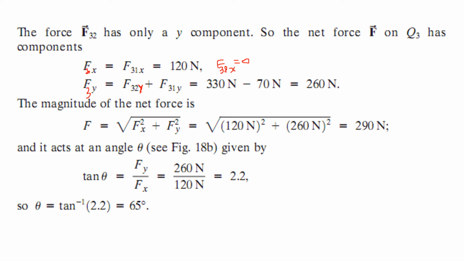260 newtons. And the magnitude of this force on charge 3 is equal to the square root of the x component squared plus the y component squared, which is equal to 290 newtons. And the angle theta means the direction of this force F3.